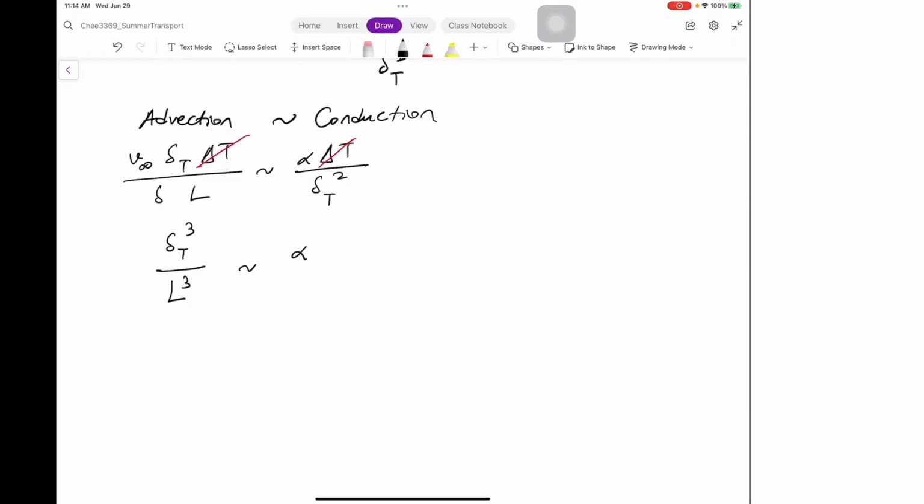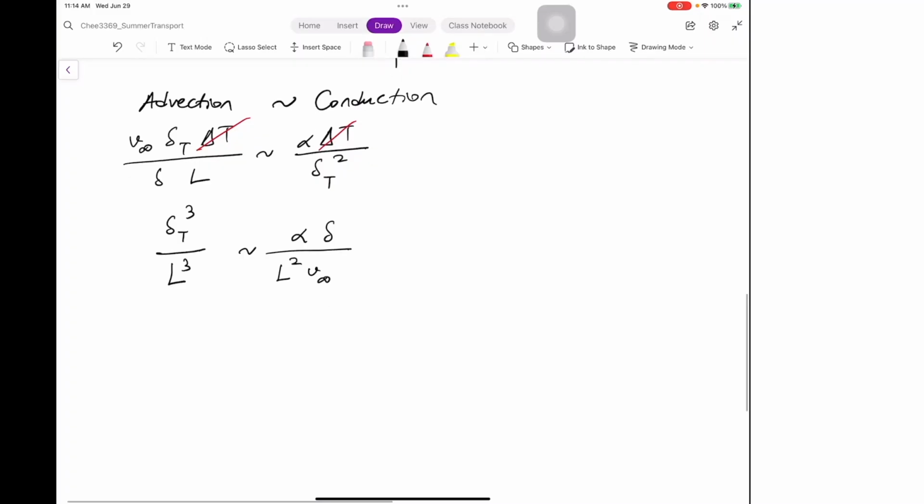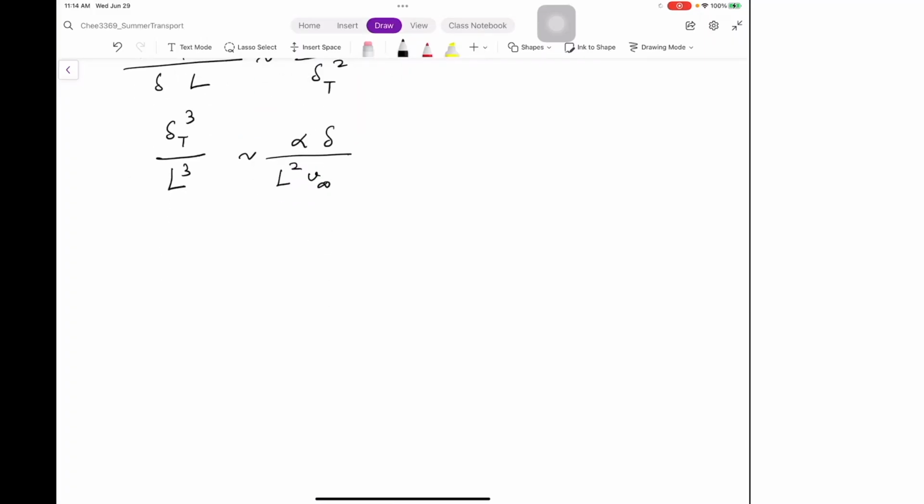And you have delta over L squared V infinity. Yeah, I guess, yeah, alpha delta divided by L squared V infinity. Yep. Okay. So what does it tell us?